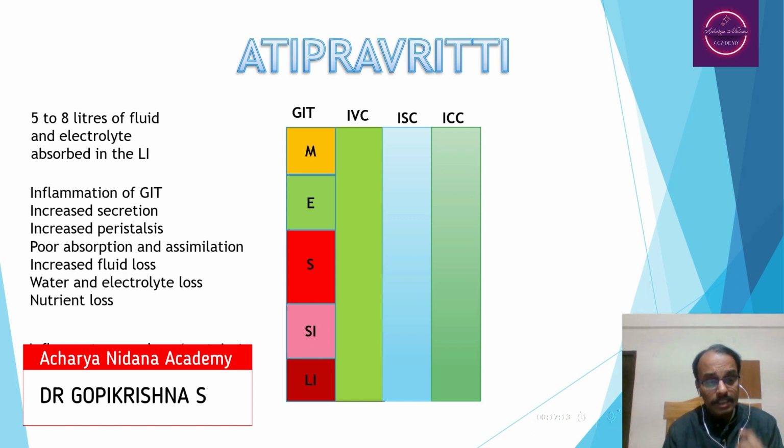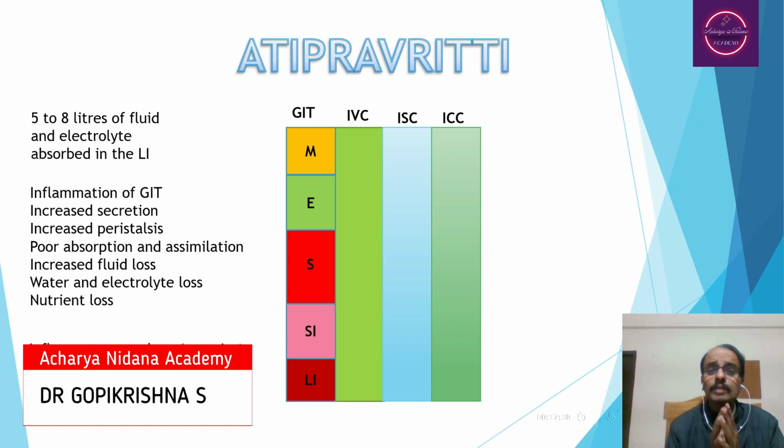This is responsible for increased inflammatory markers in the alimentary canal. Increased inflammatory markers are responsible for even further increased secretions in the alimentary canal, which is further responsible for increased peristaltic movement.